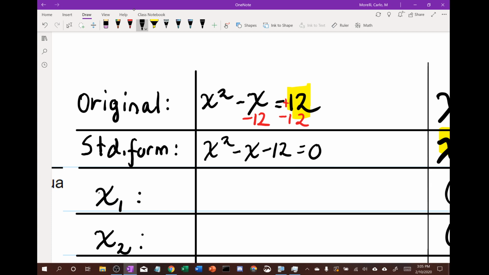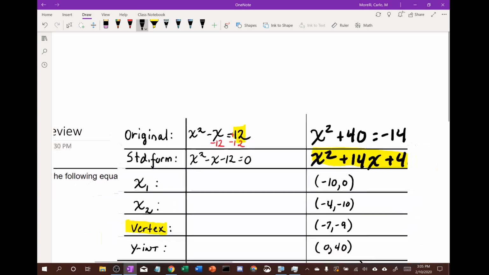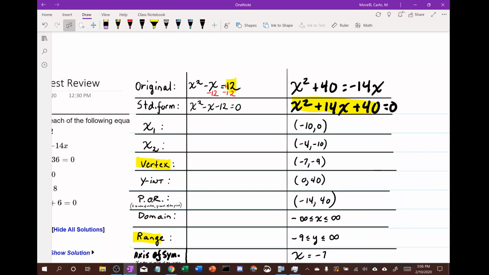I want you guys to take a minute and make this table.